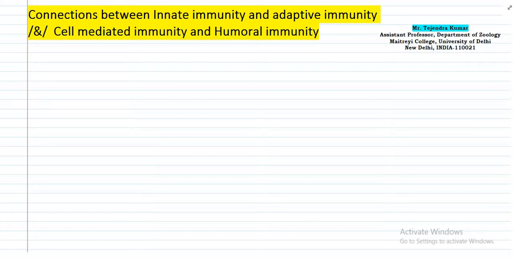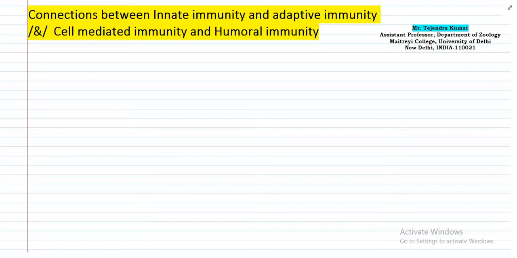Before starting this topic, I want to tell you that I already uploaded some videos on the immune system, immunity, and different types of immunity like innate immunity, adaptive immunity, cell-mediated immunity, humoral immunity, passive immunity, active immunity, natural immunity, and artificial immunity.